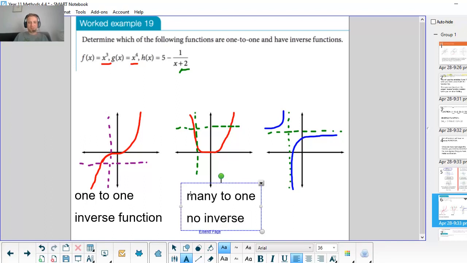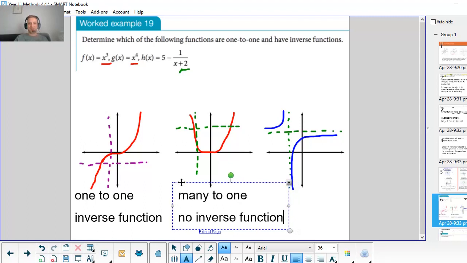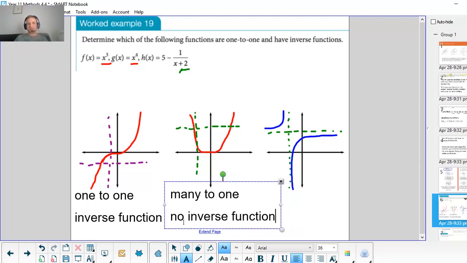So there's no inverse function. We can make an inverse graph out of it, we can make an inverse relation, but the inverse of this graph wouldn't be a function, and you'll see why later on.